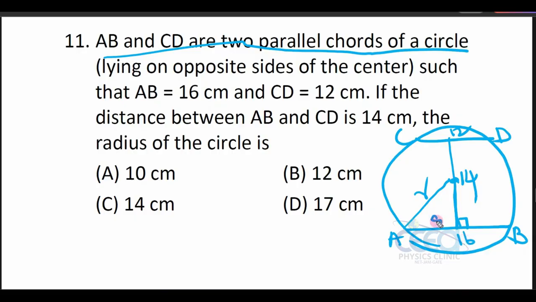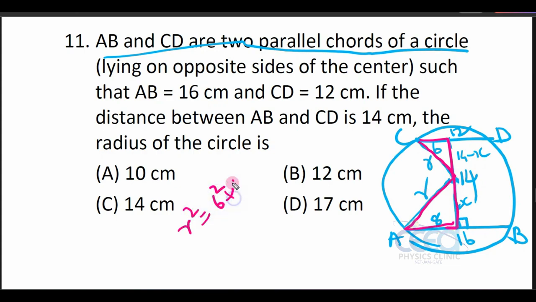This is 16, so this is 8, right? Now how do we find this radius from it? Here this also bisects, so this is 6, and this also is radius r. Now if this length is x, this length is 14 minus x. For these two triangles, one is this and another is this, from both you can find r square by the Pythagoras theorem.